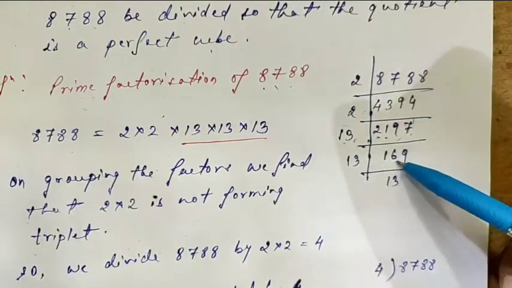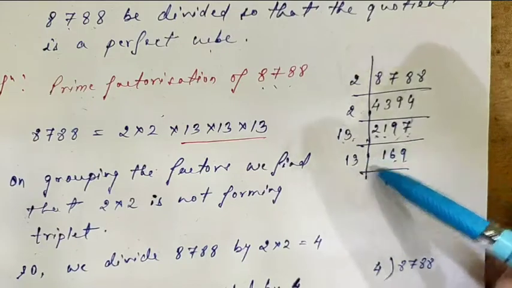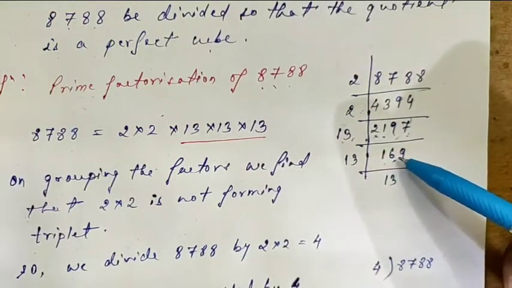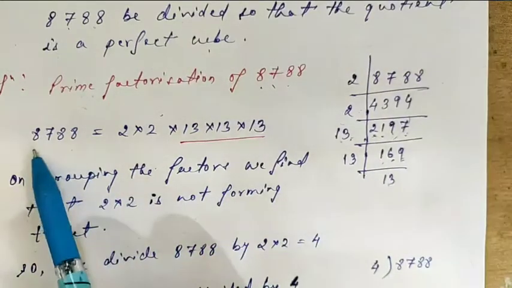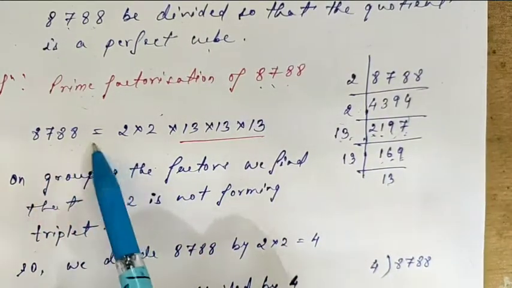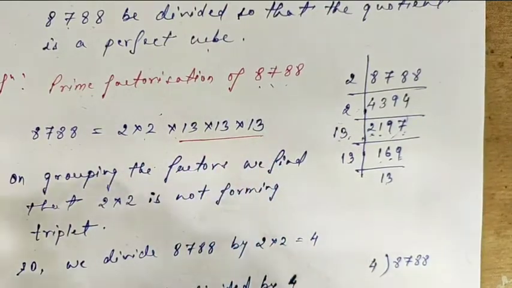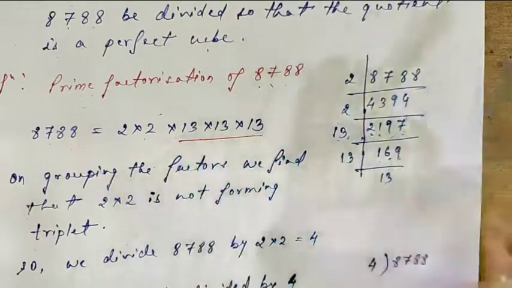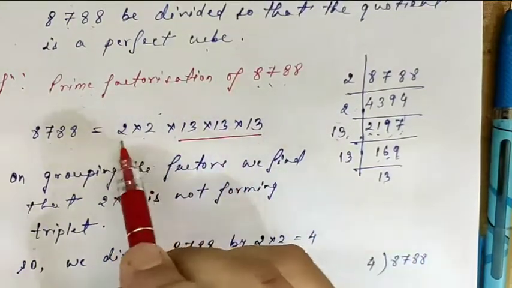So 13 times 169 gives you 2197, and 169 is the square of 13, since 13 times 13 is 169. So the prime factorization of 8788 is 2 multiplied with 2 and three 13s. As you can see, the three 13s form a triplet, but not the 2s.